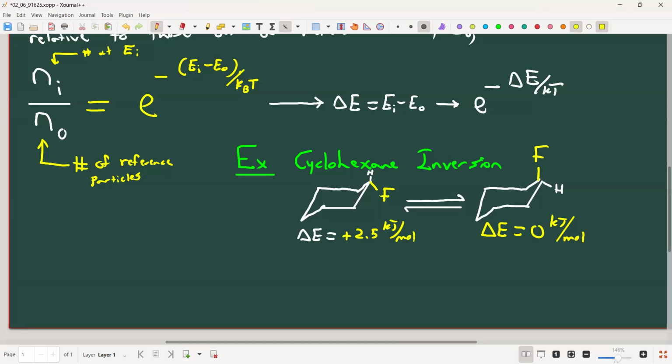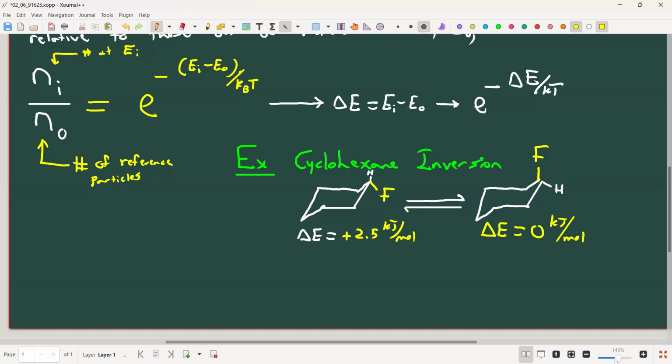Okay. So the question then is, imagine you have a sample in your NMR tube that you put in your NMR at 300 Kelvin. What's the distribution of these two? How much of this do you have relative to this?